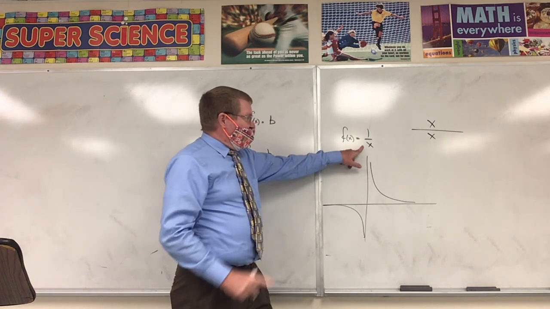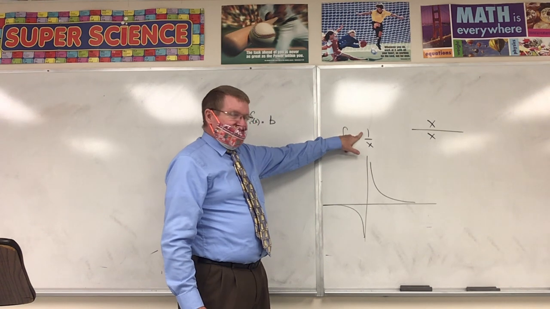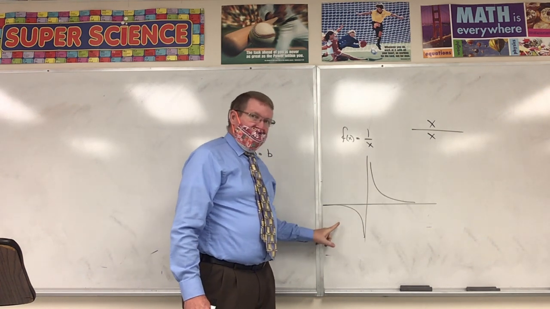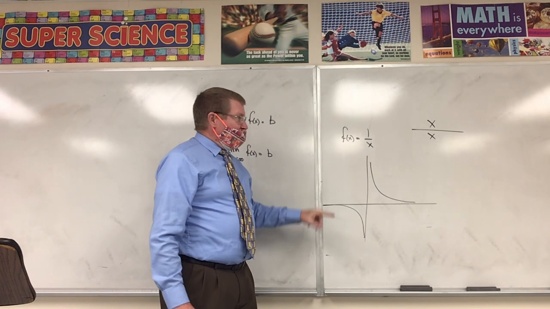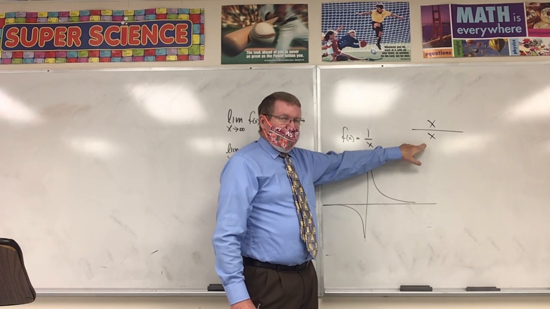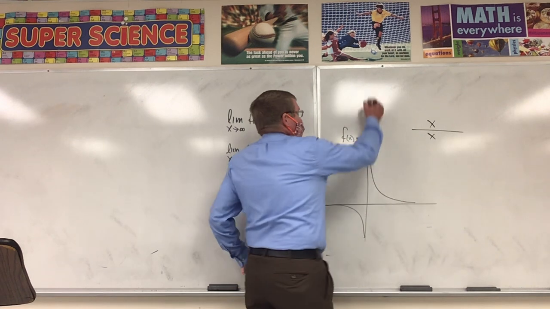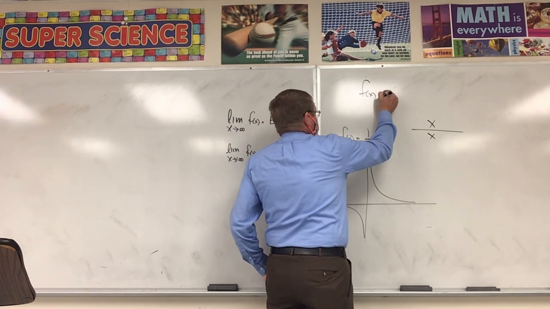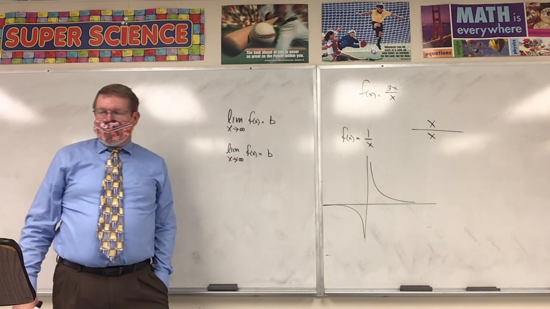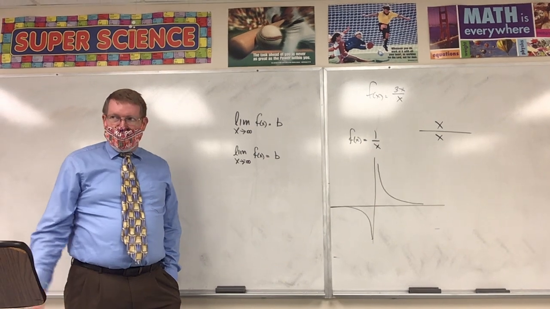If my denominator's largest term is higher than my numerator's largest term, then it would be at 0. And if my numerator is higher than my denominator, then I don't have a horizontal asymptote, I have oblique. So take for instance, f of x equals 3x over x. My horizontal asymptote would be 3, y equals 3.